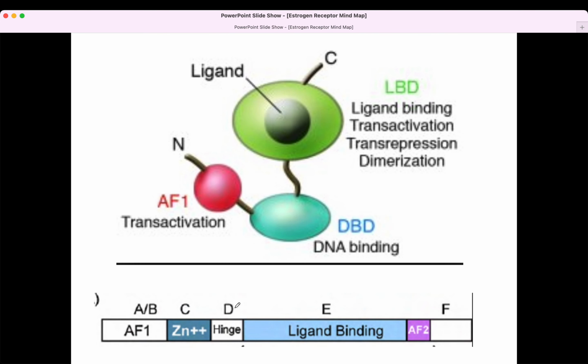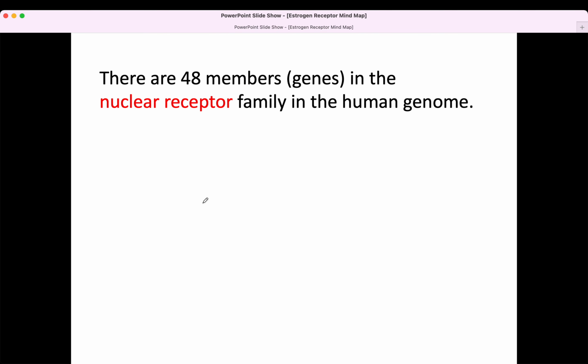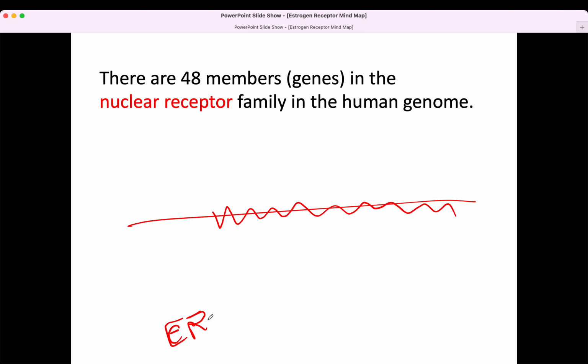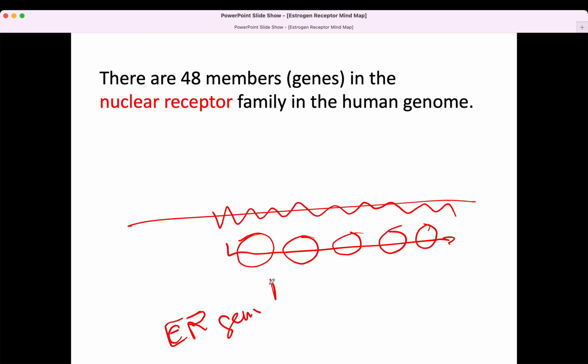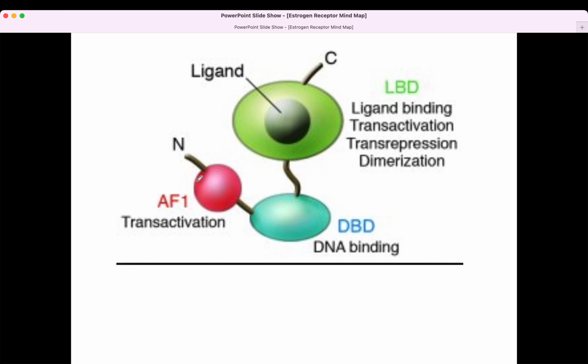So let me get back here and just show you a little bit about the nuclear receptor gene family. So all of them are coding genes, right? So we have an estrogen receptor gene, or the ER gene. And when you look at the coding region, they all have the same organization because they all evolved from a common ancestor. And so you can go down the coding region and in all nuclear receptors find a series of domains.